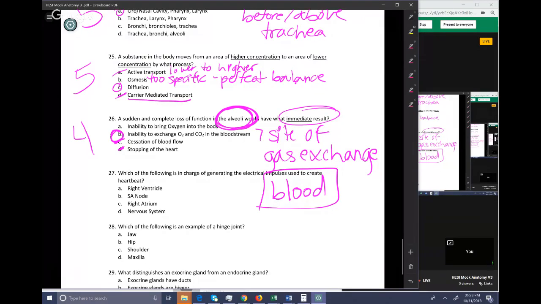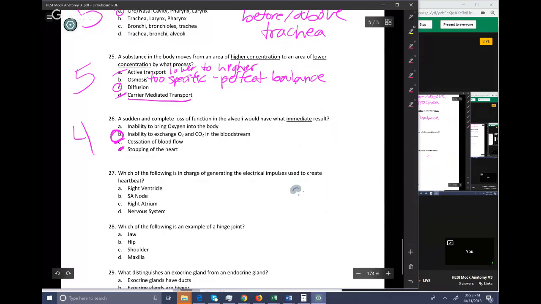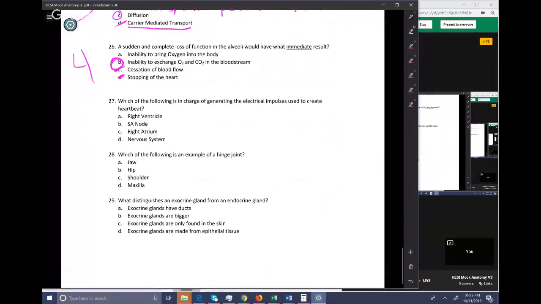So you want to look very specifically at the actual thing and what it is supposed to do on the tiniest possible level. The alveoli do not bring air into the body. If you were speaking very generally, you could say that and you wouldn't be totally wrong, but you would be quite inaccurate. So you want to make sure that you're speaking accurately to the little tiny thing that's actually involved, that you actually have the information about.